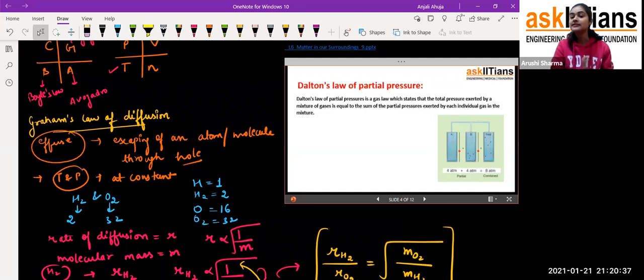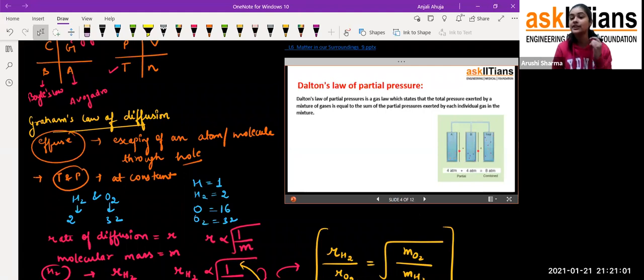Dalton's law of partial pressure is a gas law which states that the total pressure exerted by a mixture of gases is equal to the sum of the partial pressures exerted by each individual gas in the mixture. For example, students, A is exerting 4 and B is also exerting a pressure of 4 atmosphere.